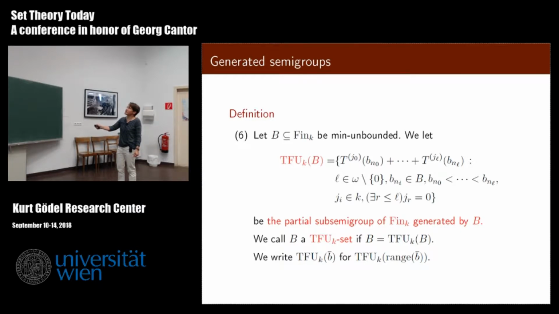And this is, in Stevo's book, called the generated semigroup. And this is the important object for coloring. So we take finitely many blocks here, L plus 1 many, in block position.